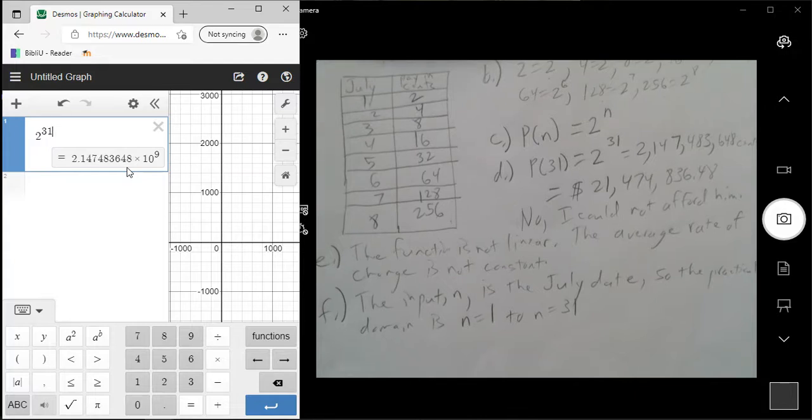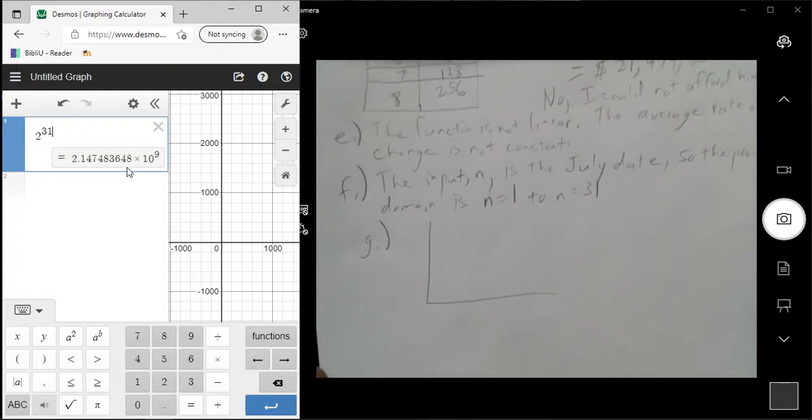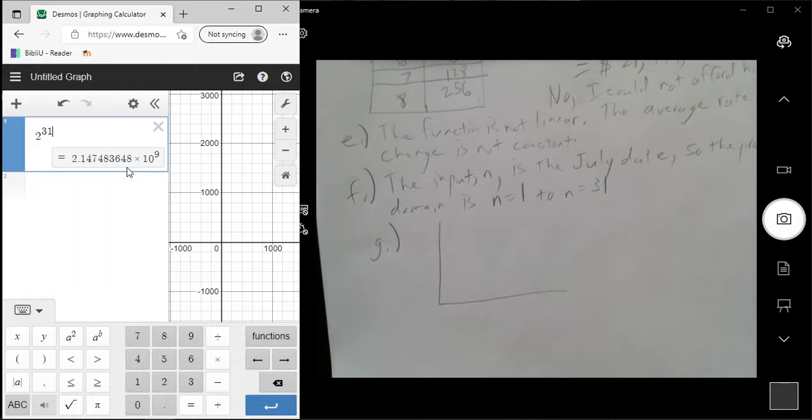Now G, it says sketch a scatter plot of ordered pairs of the form n, P of n from July 1st to July 8th on an appropriately scaled and labeled axis. Now, what I'm going to do here, I'm not going to really graph on this paper because I don't have the graph paper here.